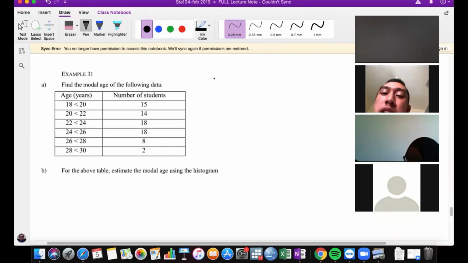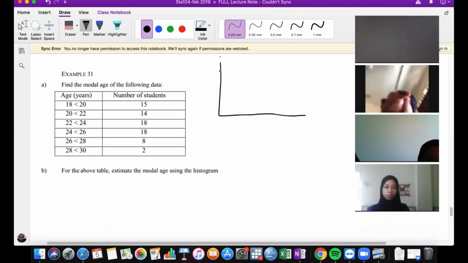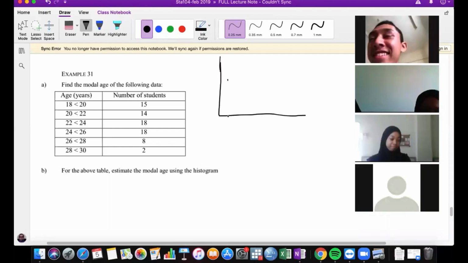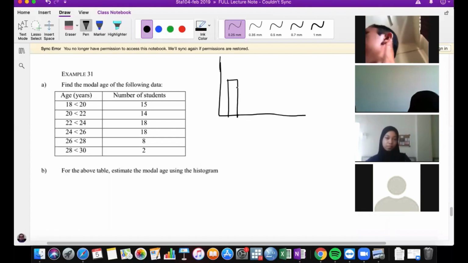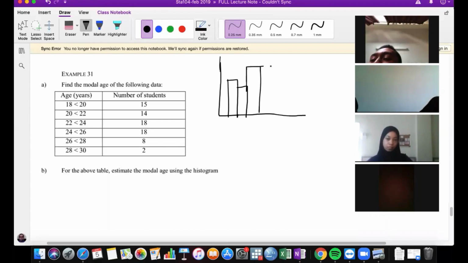Before we start to calculate the mode and know how many modes we have, we need to draw a rough histogram. So let's say this is 15, this is 14 and 18. The fourth one is also 18, and this is 8, and this is 2. By looking at this histogram, how many modes can you guess?